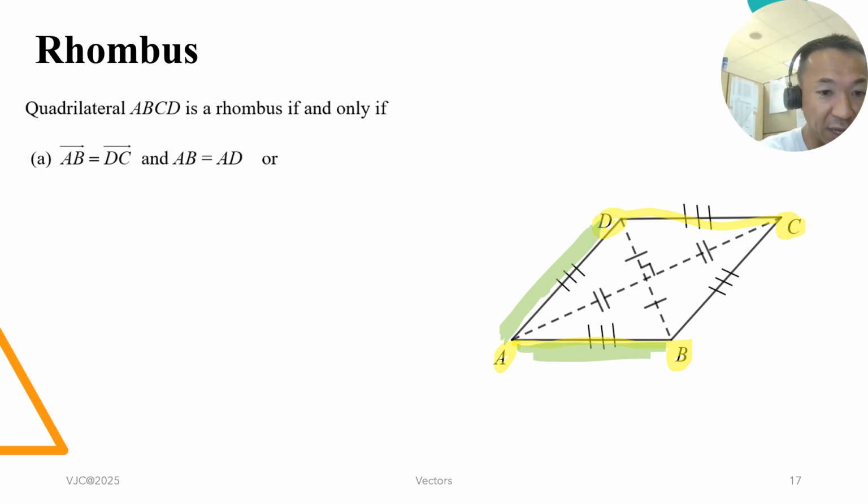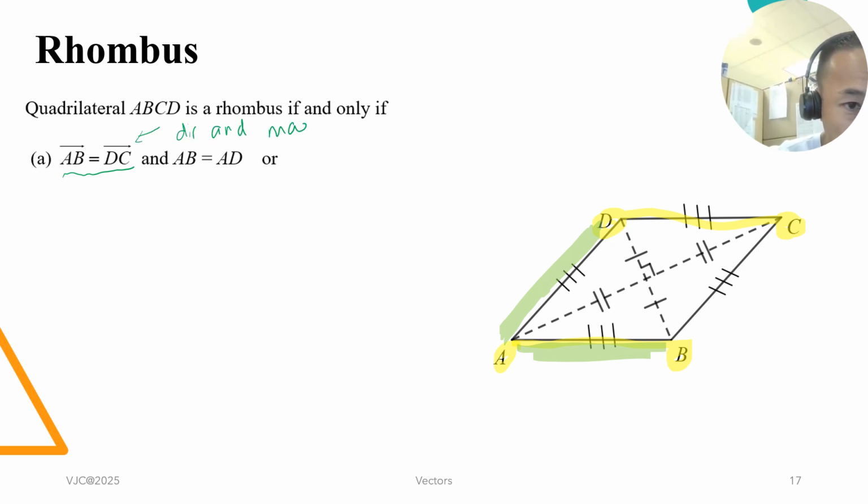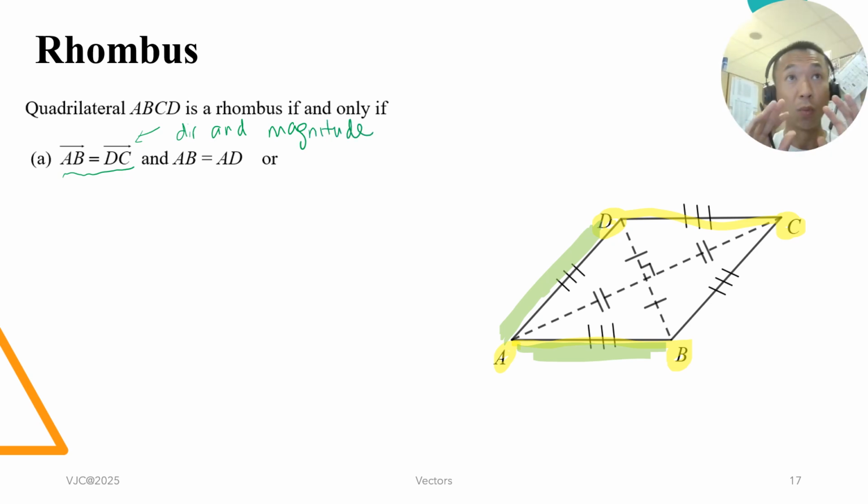If you can somehow show AB is equal to DC, that talks about direction and magnitude. Correct? But not enough, because this first point will only show that ABCD is a parallelogram.